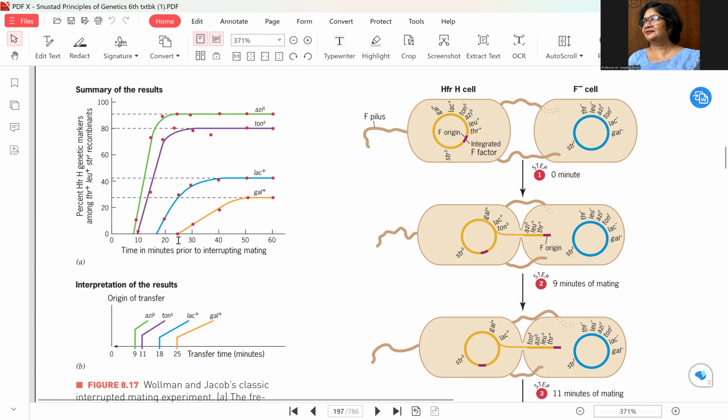So in this way, you can determine the order of the genes in the original bacterial chromosome.